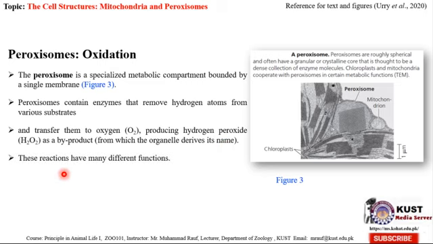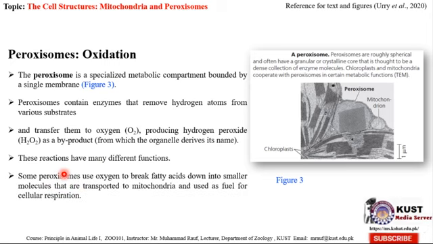And these reactions have many functions. Some peroxisomes use oxygen to break fatty acids down into smaller molecules that are transported to mitochondria and used as fuel for cellular respiration.